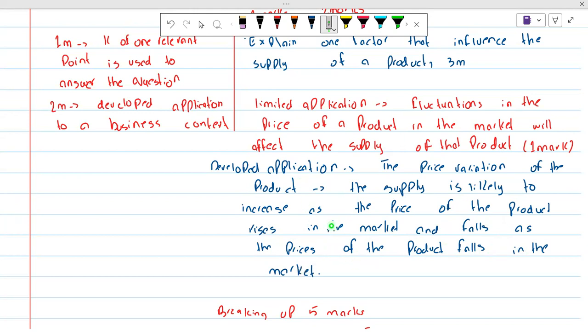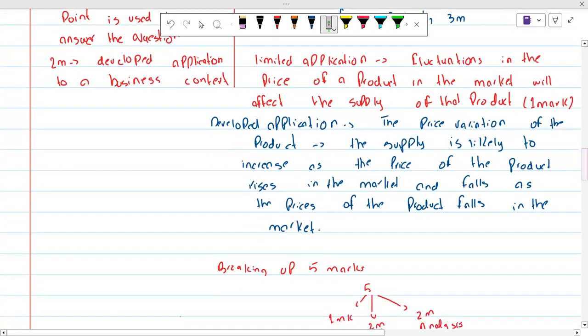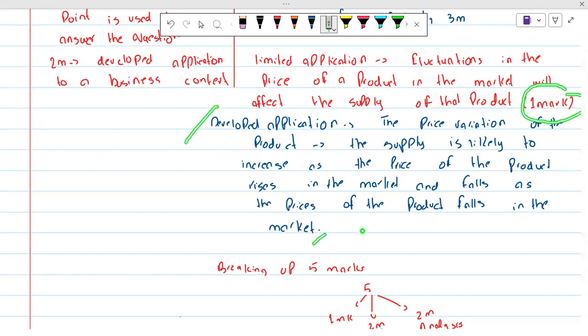So it means that I clearly made the chains of the effect of the prices on the supply of the product. So you have to develop your application. If you are not developing your application, you will get only 1 mark for it. But if you write this, you will get 2 marks.